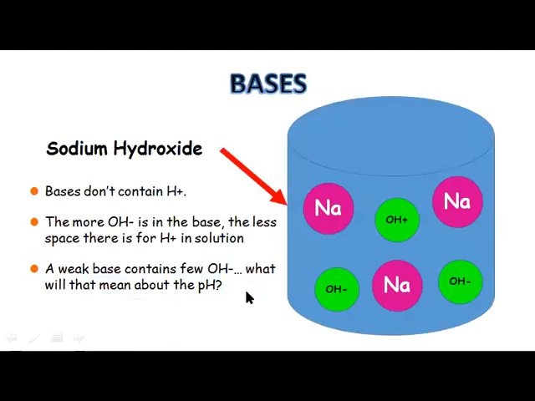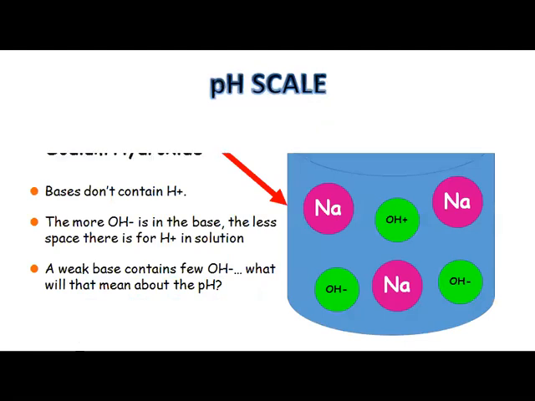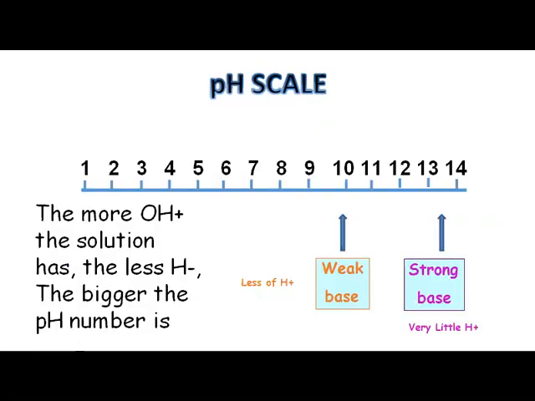If we consider sodium hydroxide, bases do not contain hydrogen, but the hydroxide ions of the bases will mean fewer H plus ions in the solution. As a result, the bigger the pH number, we will have the value of sodium hydroxide on the scale around its right side, that is 14.